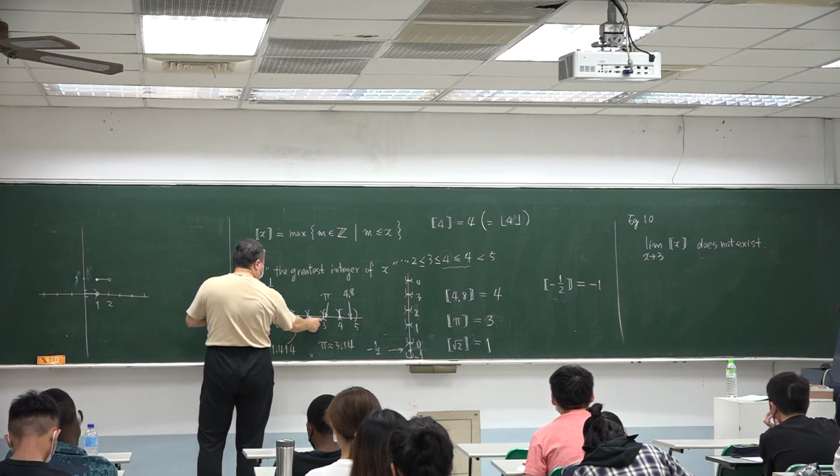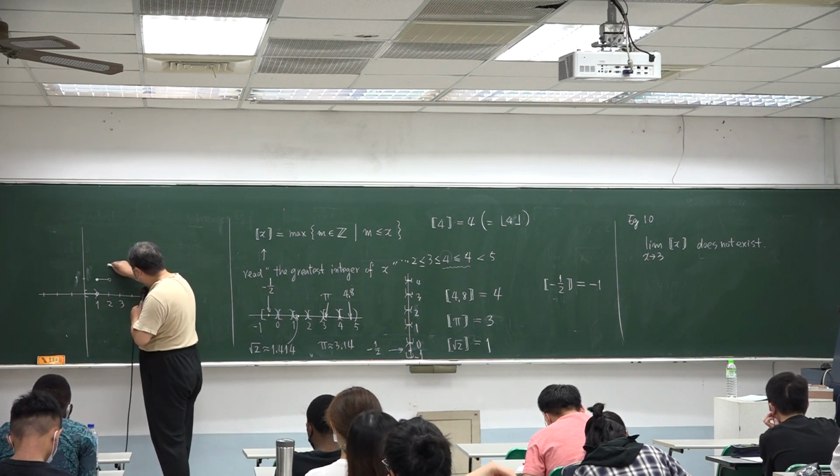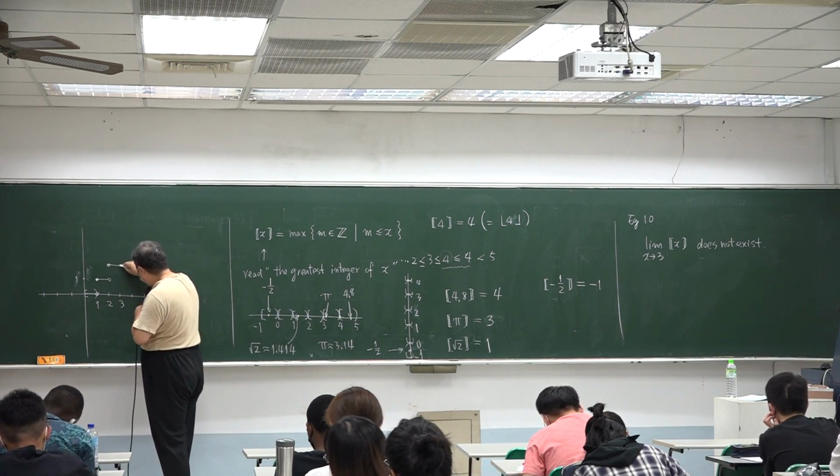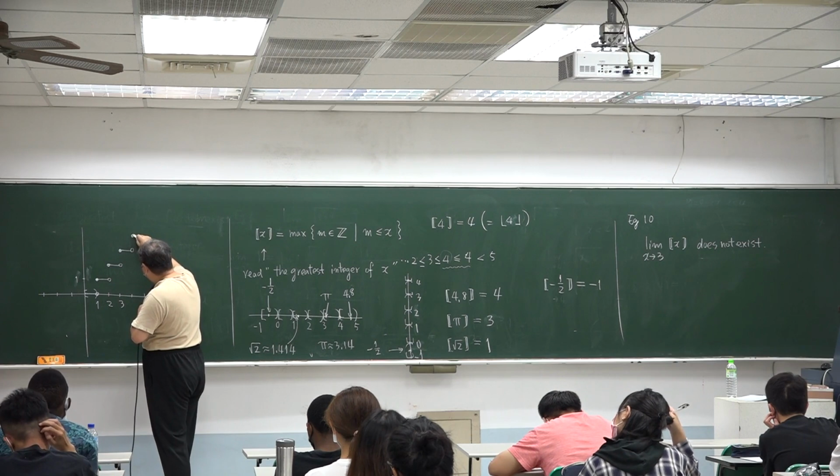If x is between 2 and 3, they are all 2s. All 3, all 4.